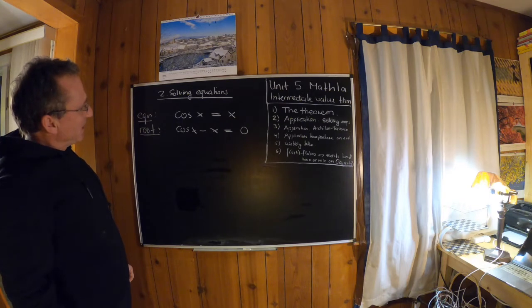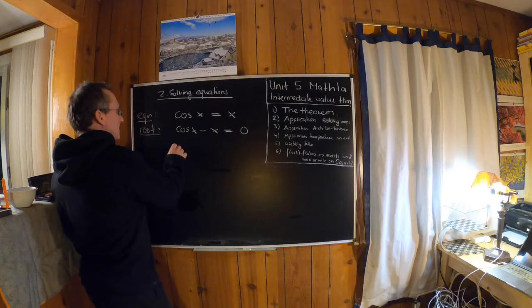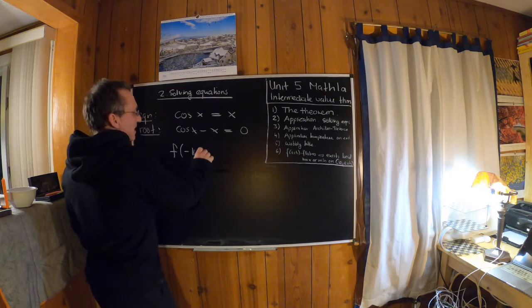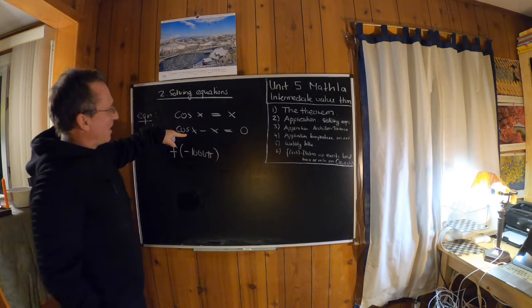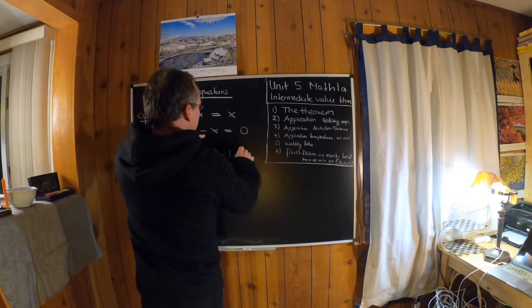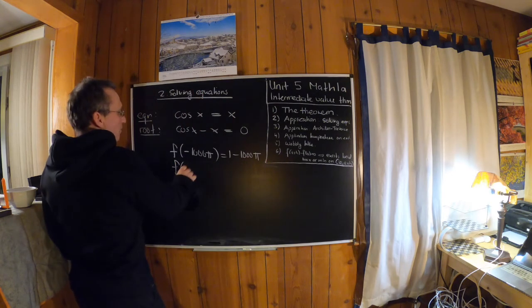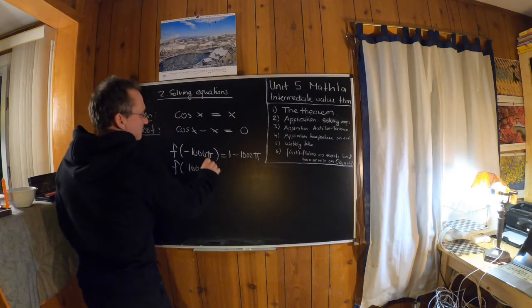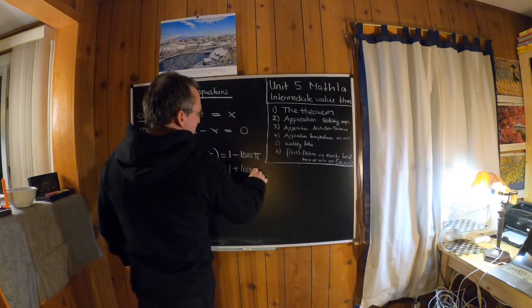So why don't we take extreme cases here? Let's take f of minus 1000 pi. In this case, the cosine is actually just 1. So this is equal to 1 minus (minus 1000 pi), which is 1 plus 1000 pi. And if you take 1000 pi, you have also cosine equal to 1, but we have 1 minus 1000 pi.